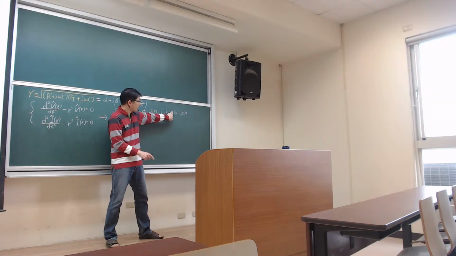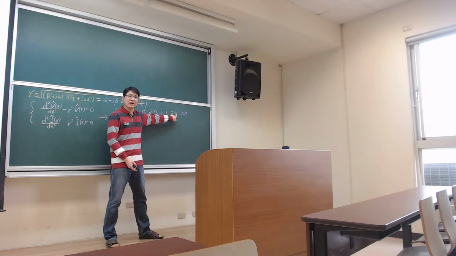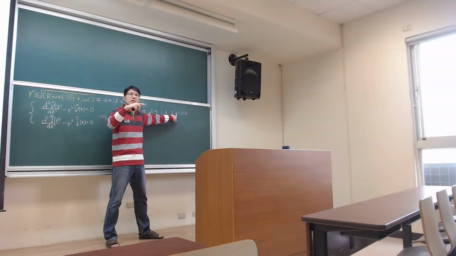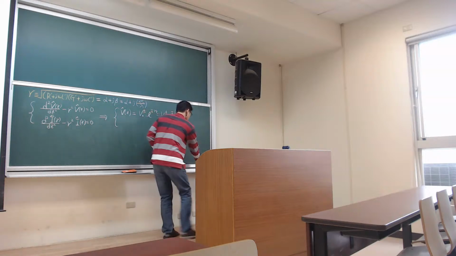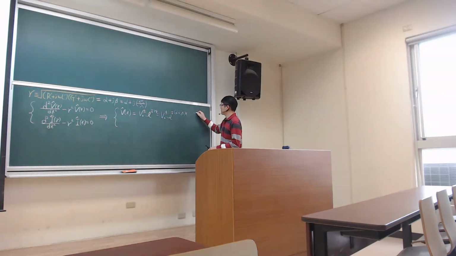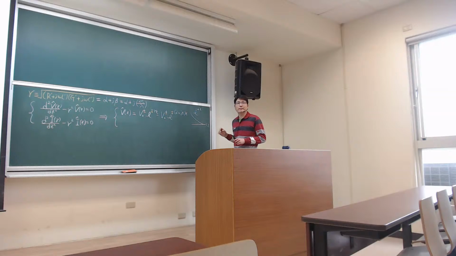As I propagate, the real part of gamma is going to attenuate this wave in its amplitude, because exponential negative alpha Z means I have an exponential decay.